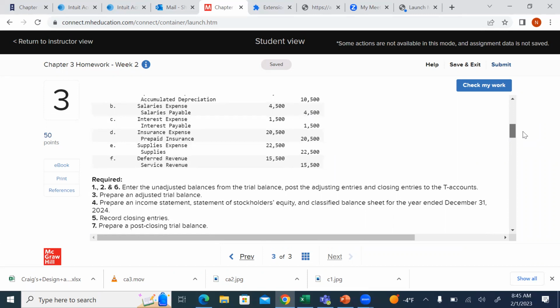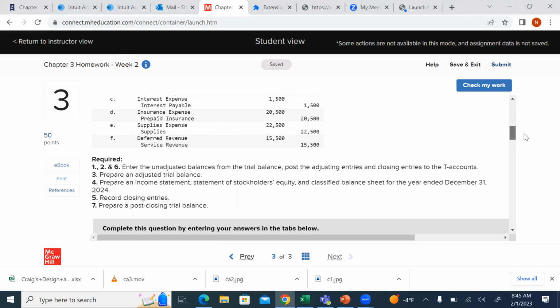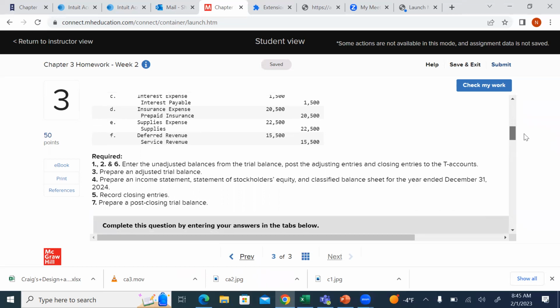Enter the unadjusted balances from the trial balance, post the adjusting entries, and closing entries to the T accounts. Then we prepare an adjusted trial balance.